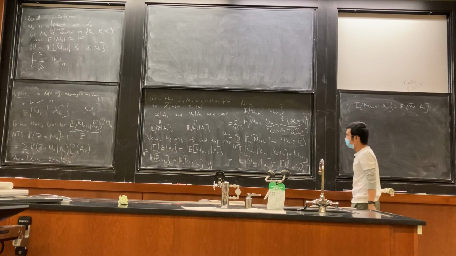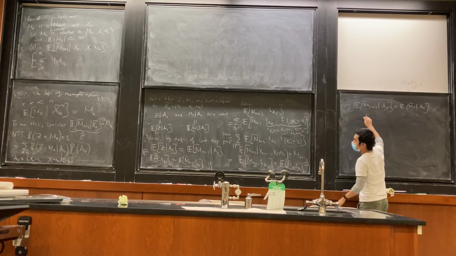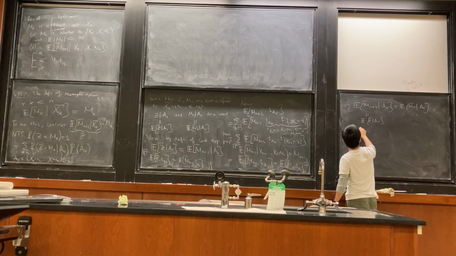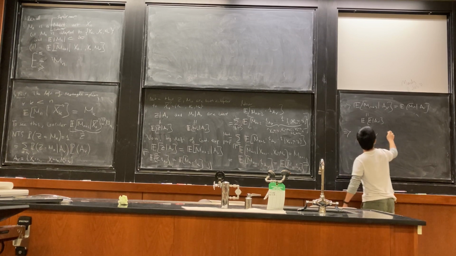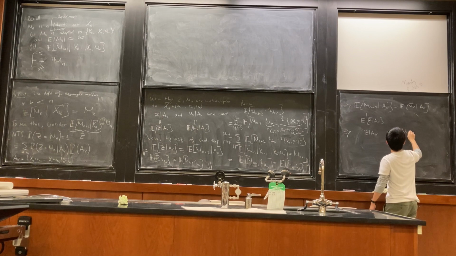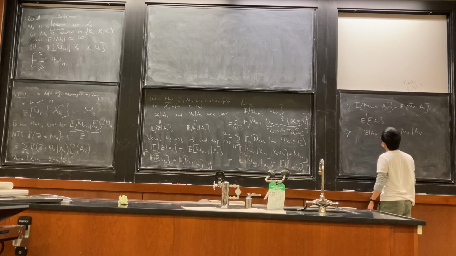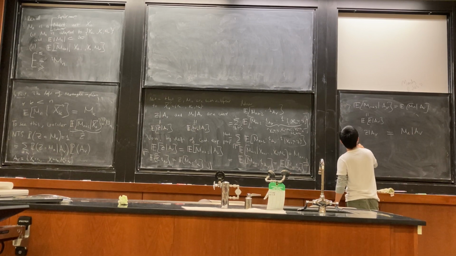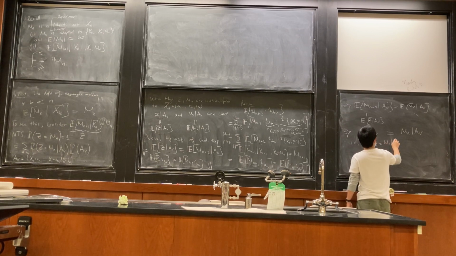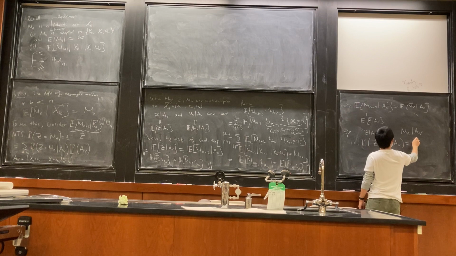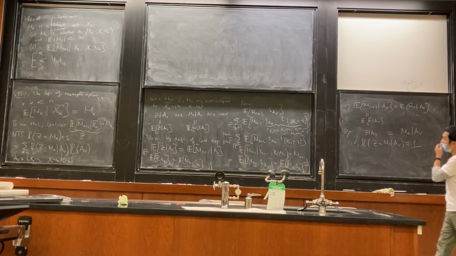So I'll be calling that equal to Z conditioned on A, B. So that would imply Z conditioned on A, B is basically the same thing as M_n conditioned on A, B. In other words, the probability of Z equal to M_n conditioned on A, B is 1.